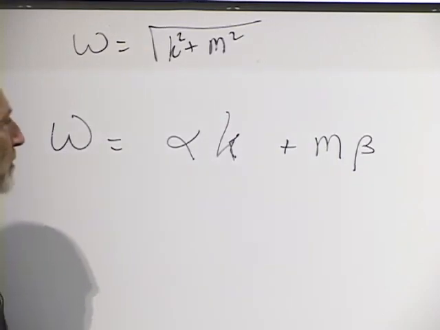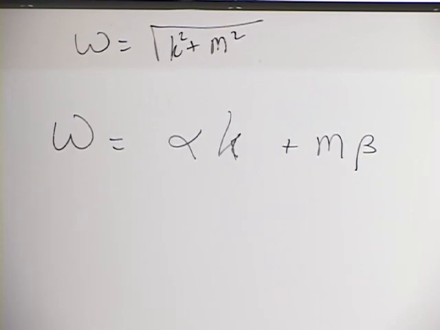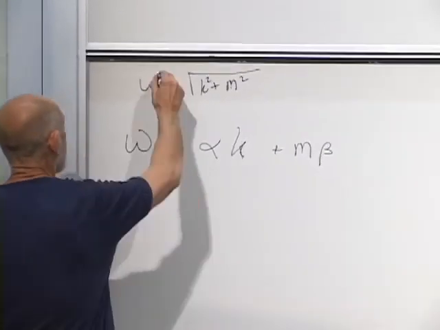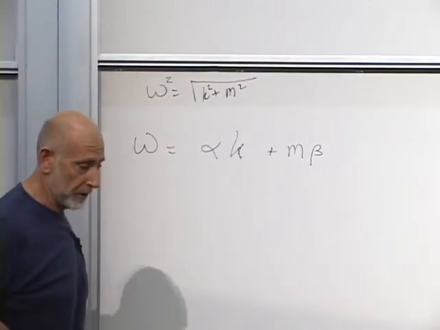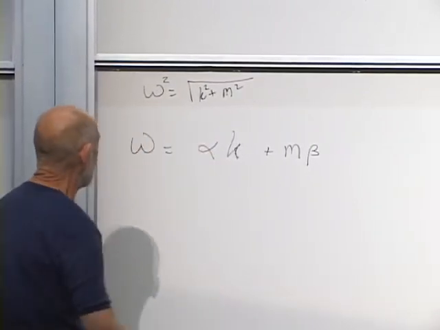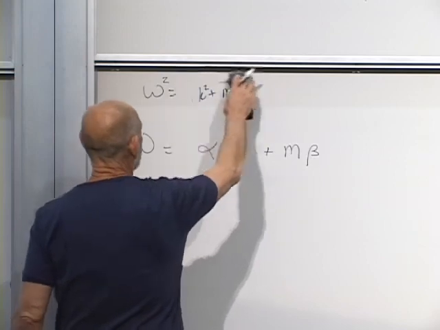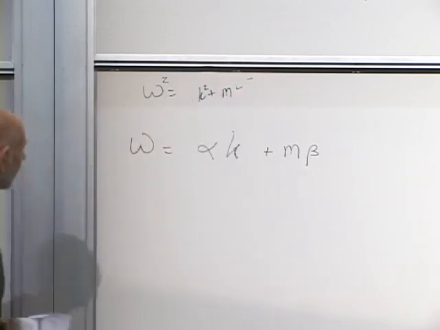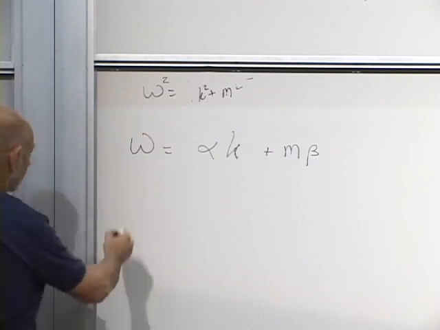Omega equals alpha k plus beta m. And let's require, of whatever alpha and beta are, that omega squared is equal to k squared plus m squared. Let's place that as a requirement on the matrices alpha and beta. Oh, I just gave away what beta is. It's a matrix.